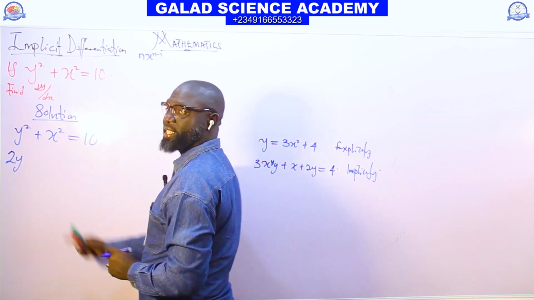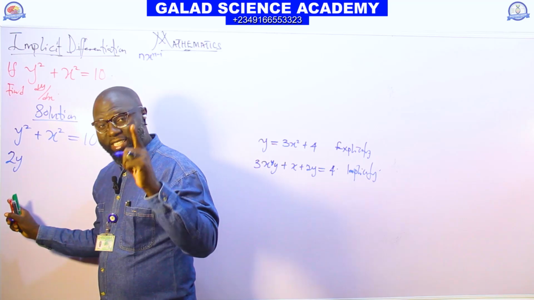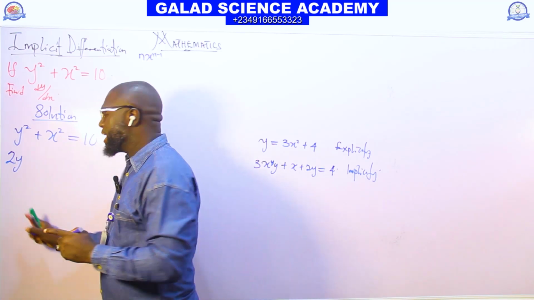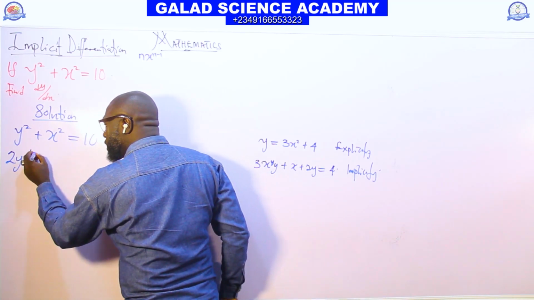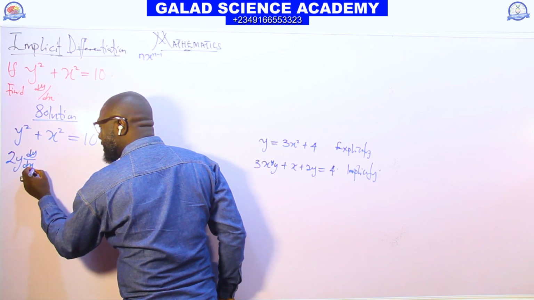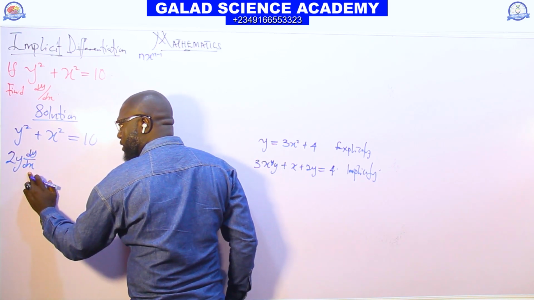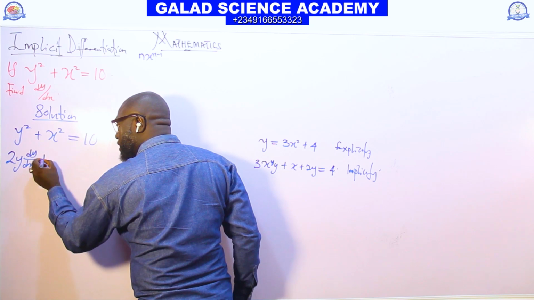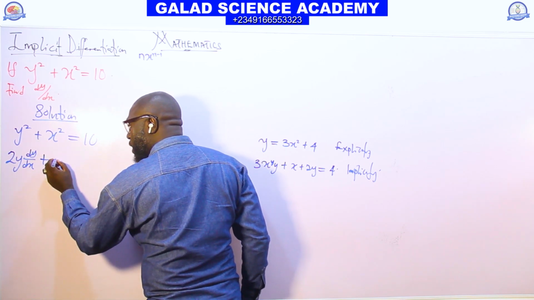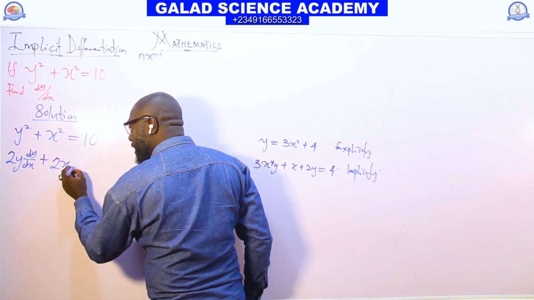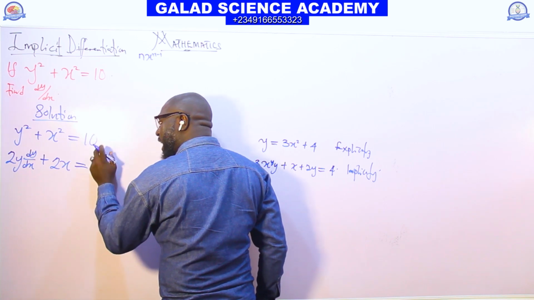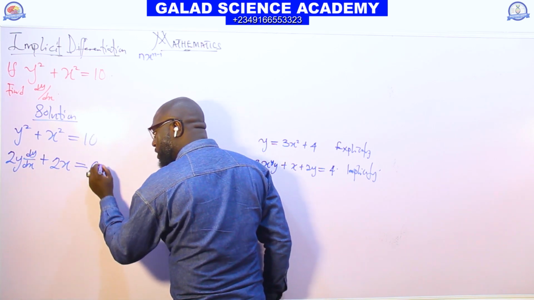This is implicit, so whenever you differentiate y, you must put dy/dx in front, plus the derivative of x squared, which is 2x. The derivative of 10, which is a constant, is 0.